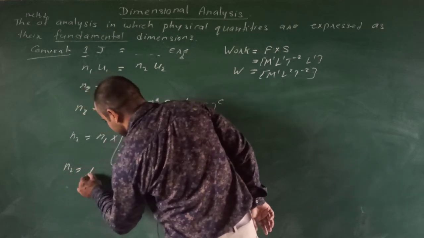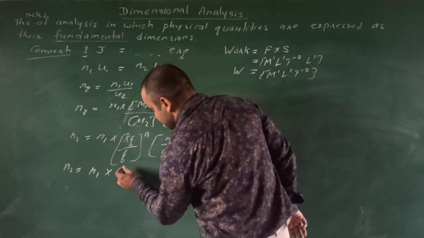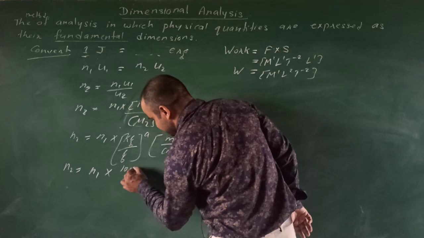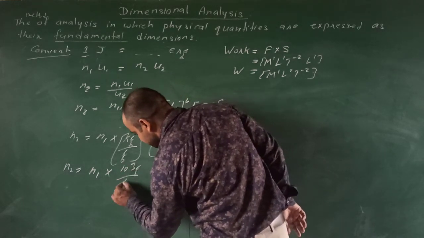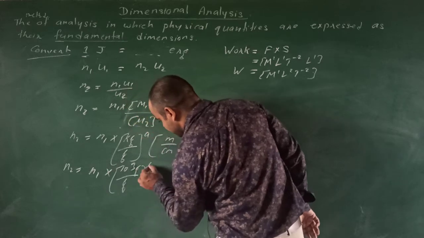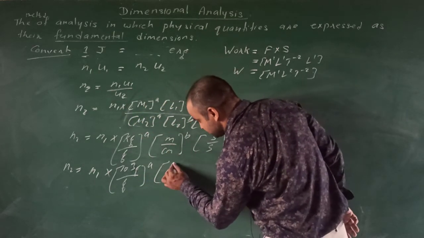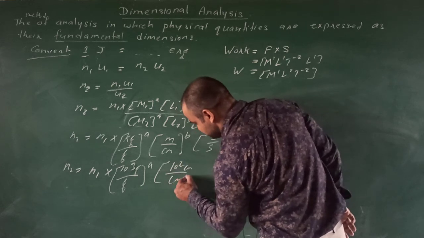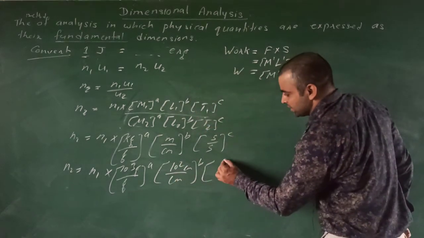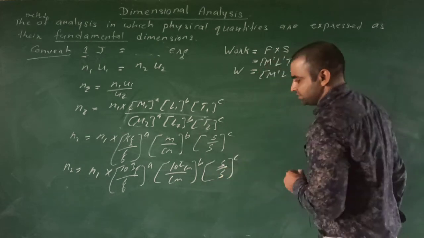N2 equals N1 into kilogram equals 10 raised to power 3 grams by grams, power a. Meter equals 10 raised to power 2 centimeters by centimeters, power b. Second by second, power c.